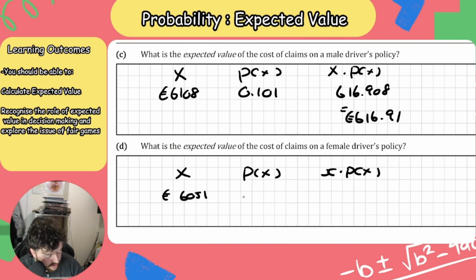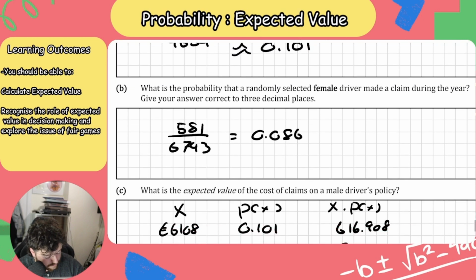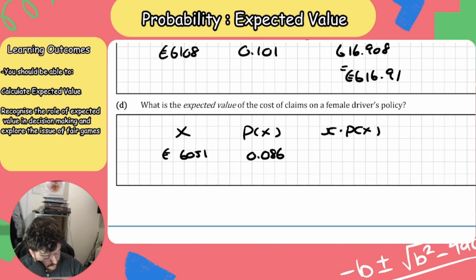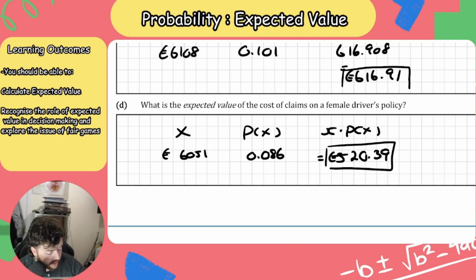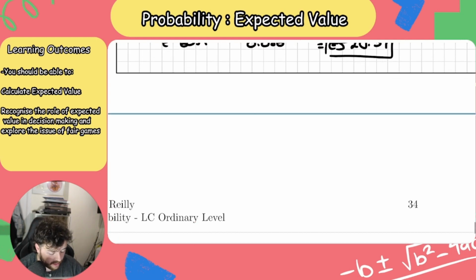Multiply that by the probability, which is 0.086, and you're going to get €520.39. So that is the expected value of female claims, and that's the expected value of male claims.